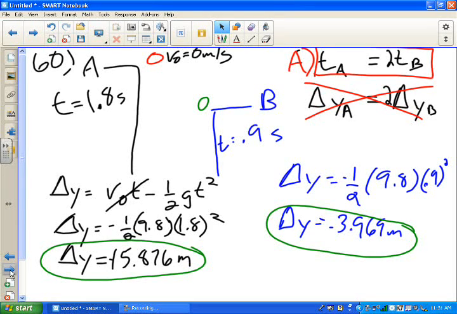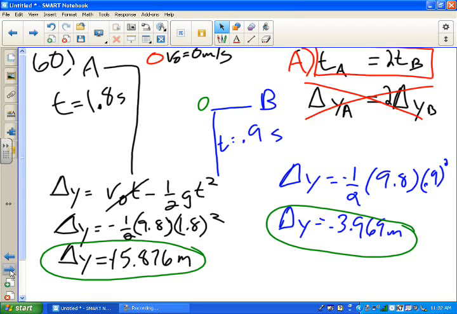Cliff A is 15.876 meters, and cliff B is 3.969 meters. So there's a big difference between the 2 cliffs.